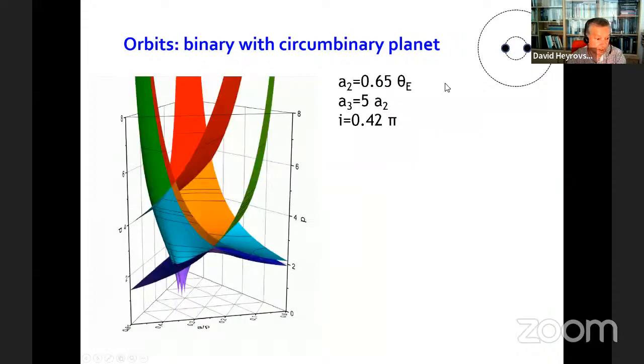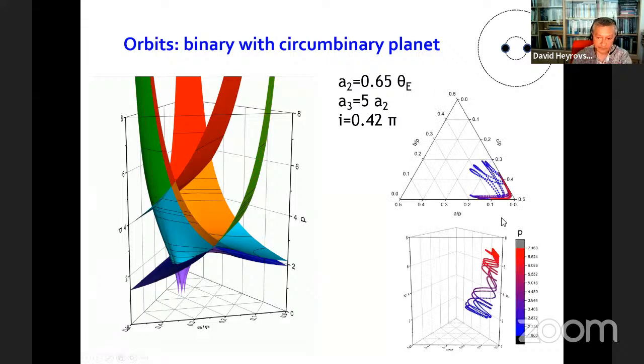What if you have a circumbinary planet? Let's say you have an equal mass binary and a planet which is outside, orbiting the center of mass of the binary. What I'll be showing now is a nearly edge-on system, so you'll have fairly large changes in the perimeter of the projected triangle. It can be fairly large or fairly small depending on the projected configuration.